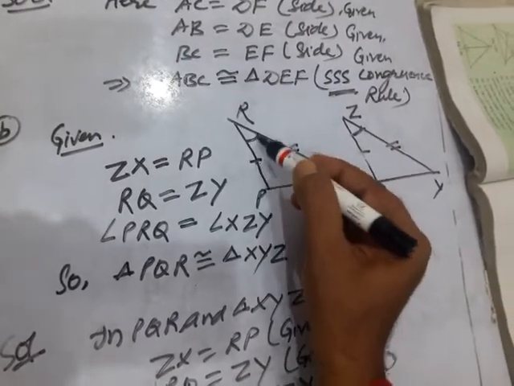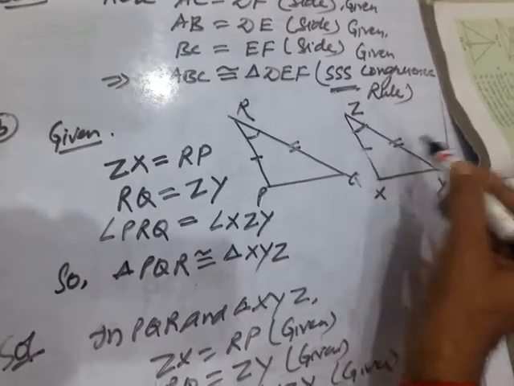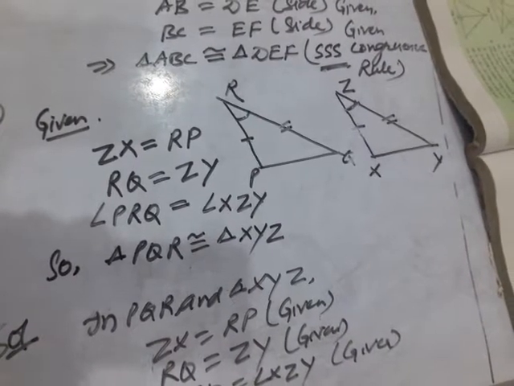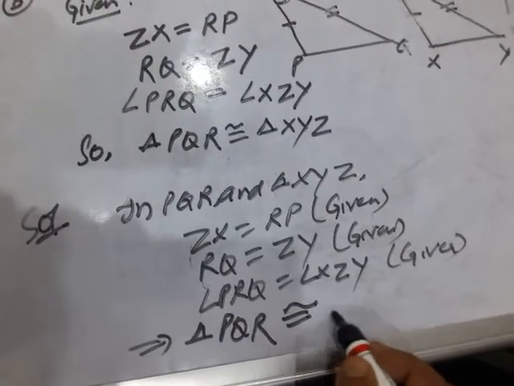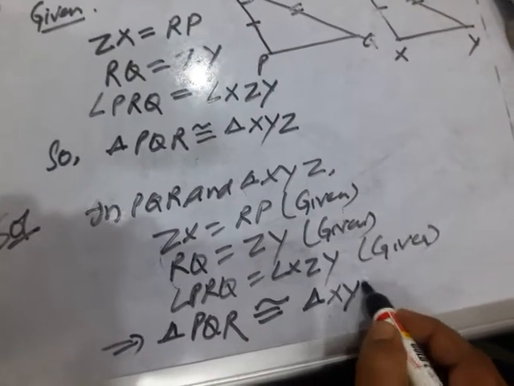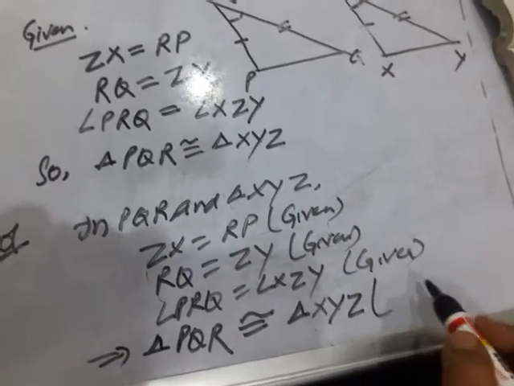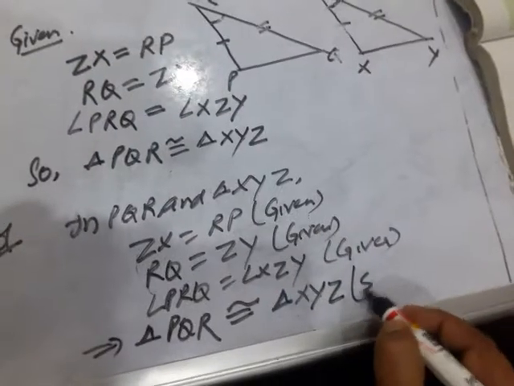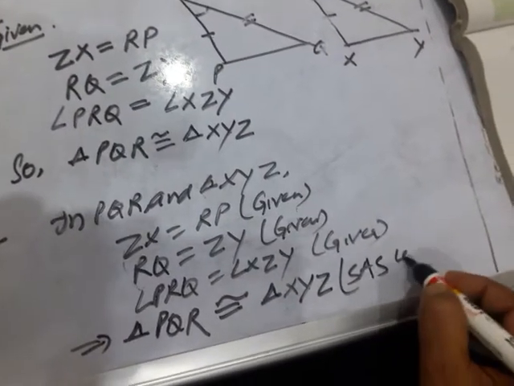That is side angle side, side angle side. This implies that triangle PQR is congruent to triangle XYZ. By which congruence rule? By SAS. SAS congruence.